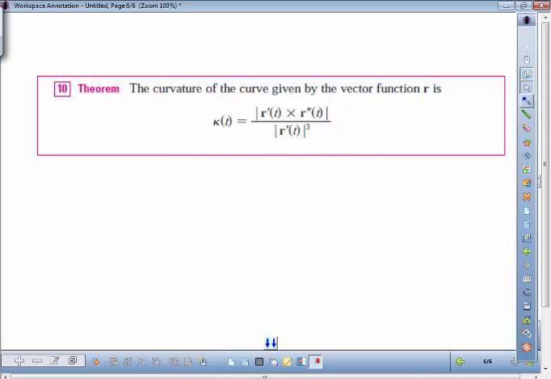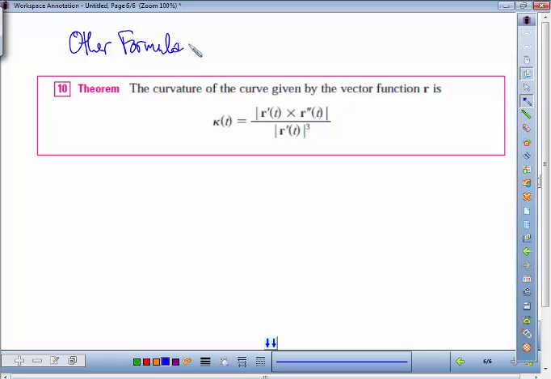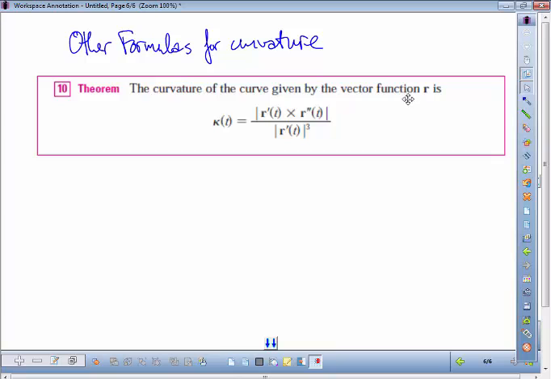So we'll say other formulas for curvature. This one involves a cross product. And so, I don't know, I probably wouldn't want to go into this one. But it might be easier in some cases. So you can mess around with the different formulas.